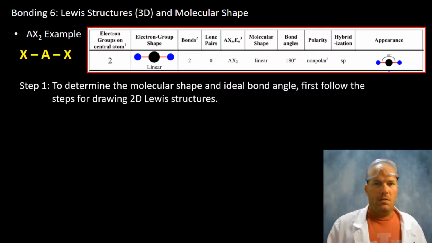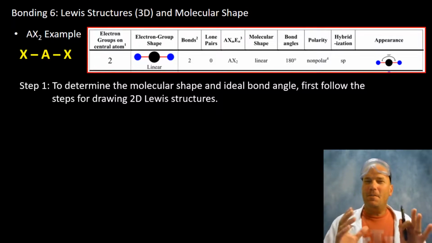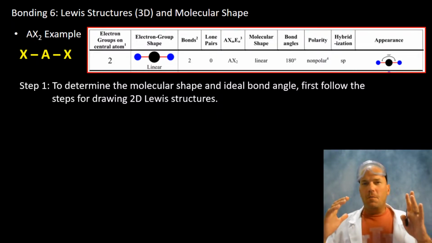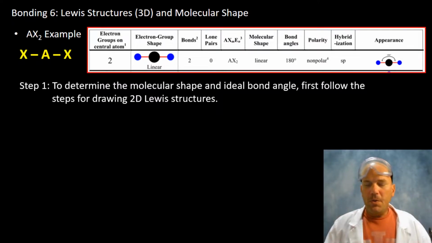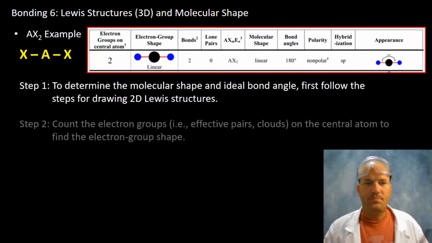Step number 1, follow all the steps in the previous video for determining the Lewis structure. All of those that we outlined, including formal charges, go through and do that for each molecule or compound.